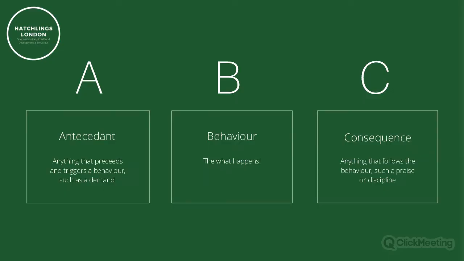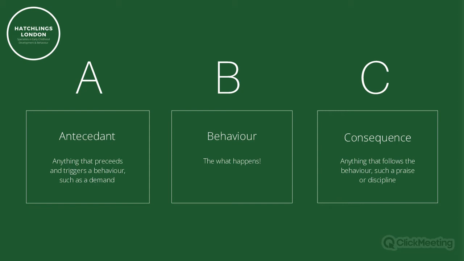As a few of you, if you've been on our webinars, are aware, we use data known as the ABC chart. The A stands for antecedent, so anything that precedes or triggers a behavior, such as a demand put on the child. The B is for behavior, which stands for what happens.